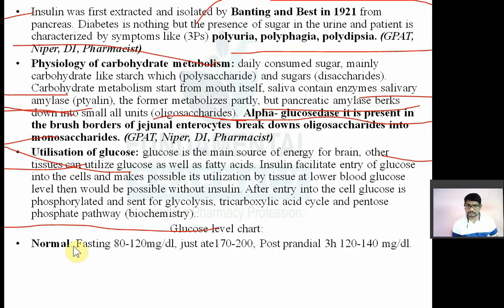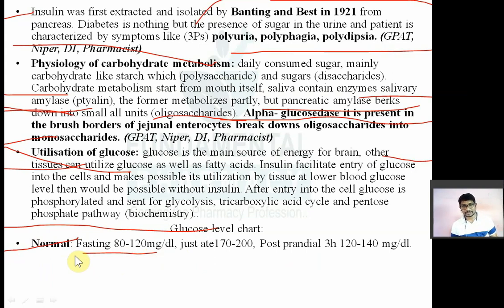Remember, okay? See the glucose level chart. If you are a normal person, not suffering from any kind of diabetes, the normal fasting blood glucose level is 80 to 120 milligram per deciliter. Fasting means you measure your blood glucose in the morning without taking any food.